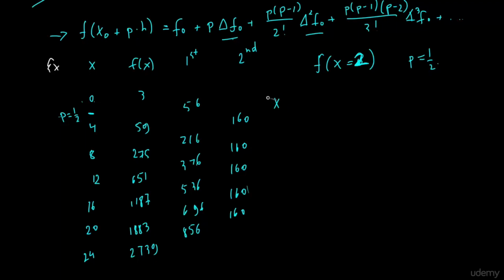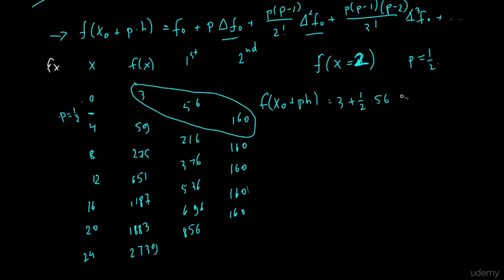So we calculate the function at x0 plus ph, and so we take these sets of values. So we take first of all the f of 0, which is also this value 3, so we say 3 plus, then it's p times delta f of 0, so it's 1/2 times 56.